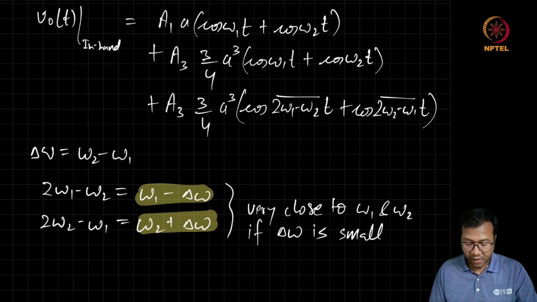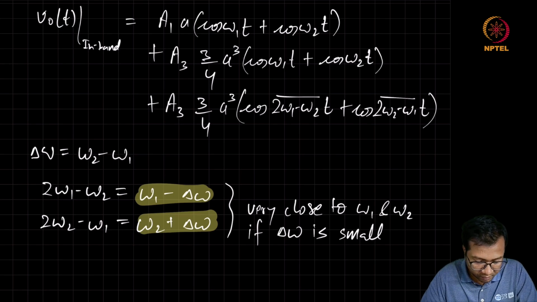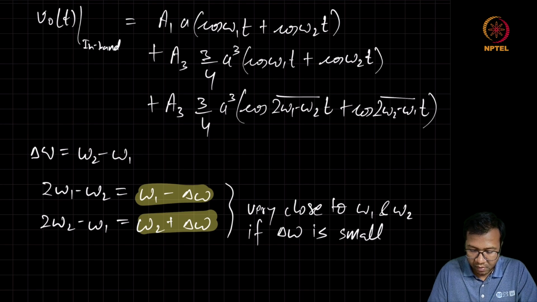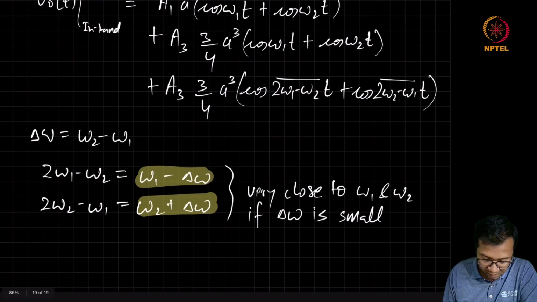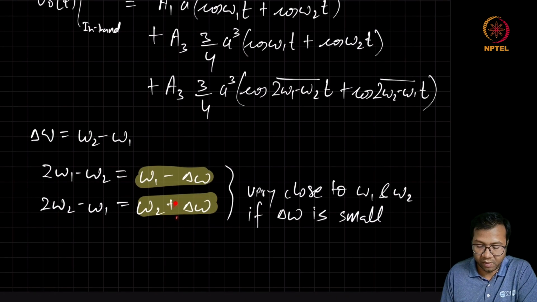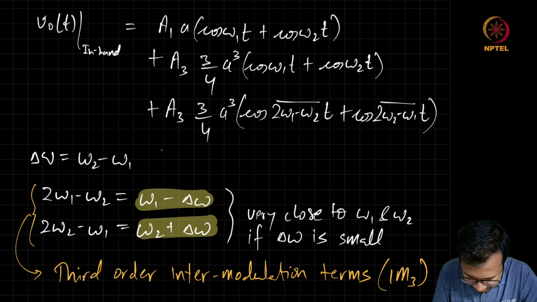We can now expect a lot of such terms to be present in the output spectrum. So these terms are also called intermodulation terms because of the modulation of the terms which are in band, and specifically these are called third order intermodulation terms because they are the result of the third order nonlinearity.